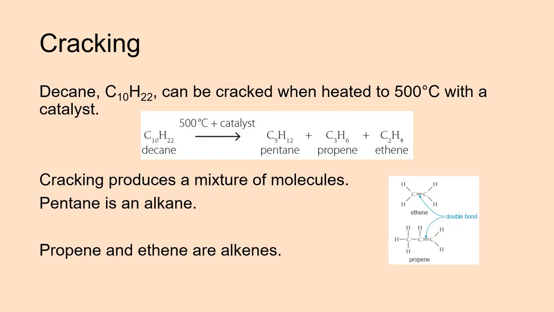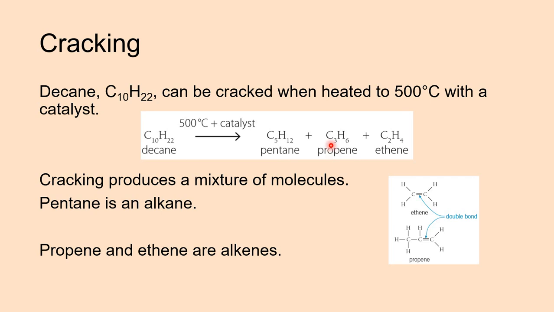So here we can see that decane, which is a 10 carbon alkane, can be cracked when heated to 500 degrees with a catalyst. We can then form pentane, propene and ethene. So as you can see, cracking produces a mixture of molecules.